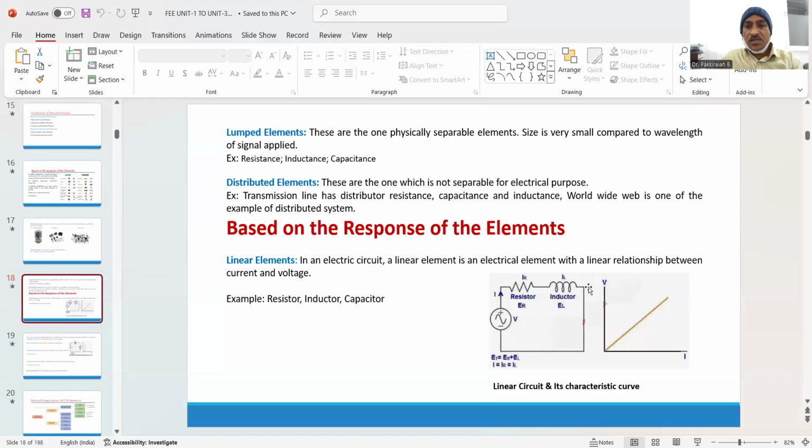You could see here, if some potential has been provided, then the established current in that conductor has a proportional relationship: if one is increased, the other is also increased, like a ramp signal. Those elements we call linear elements, whose VI characteristics are in a straight line. Example for the linear elements are resistor, inductor, capacitor. You could see here the VI characteristics.